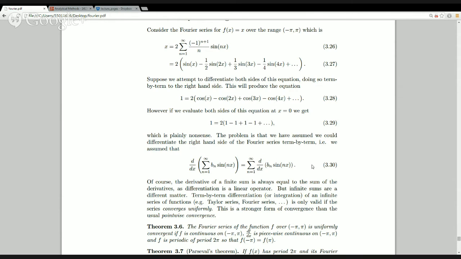But it turns out that there are different ways in which you can have sequences of functions converging to a limit function. Different types of convergence.